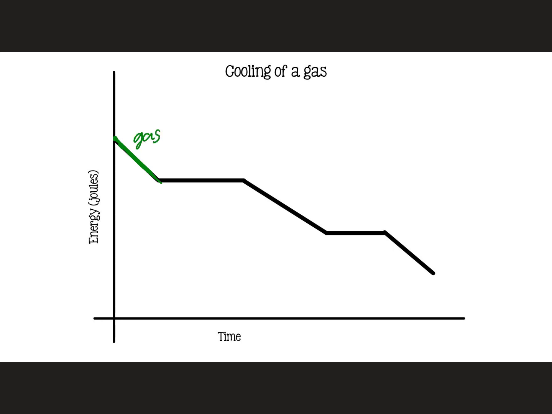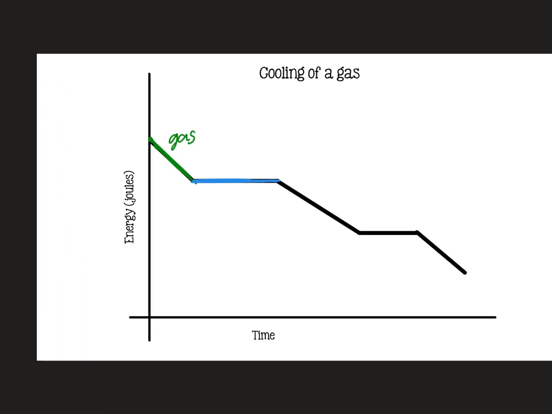We then move on to convert that gas into the next state of matter, which is liquid. So from gas to liquid, we call that condensation. Then we're going to get to the end of the plateau and we need to take our liquid and lower its kinetic energy or lower its temperature as much as we can.